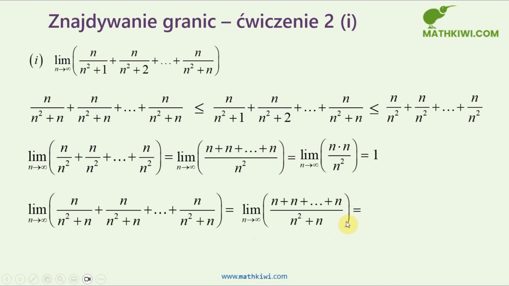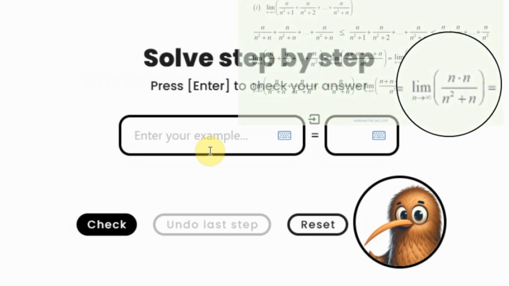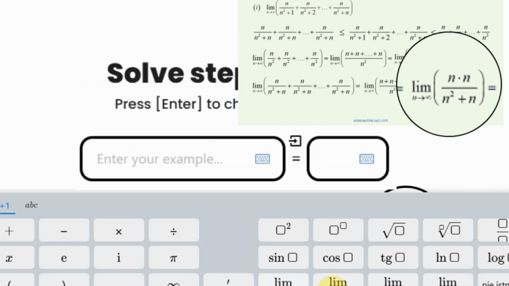Easy, easy. From below, the limit is like this, common denominator like this, n plus n times, so it's n times n, and here, although it's not a difficult limit, we'll ask our Kiwi for help. Let's go. Kiwi to the rescue. There was a limit like this.